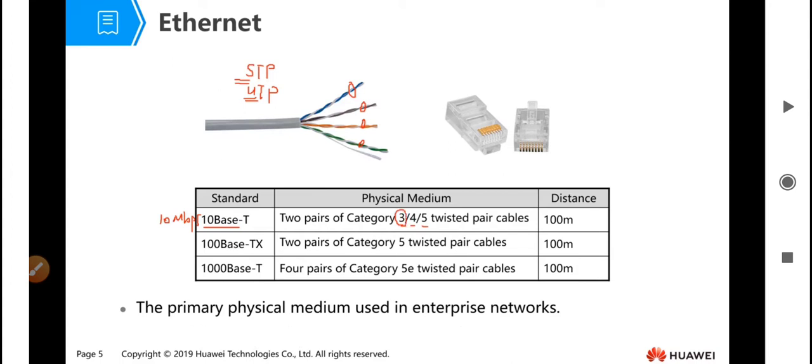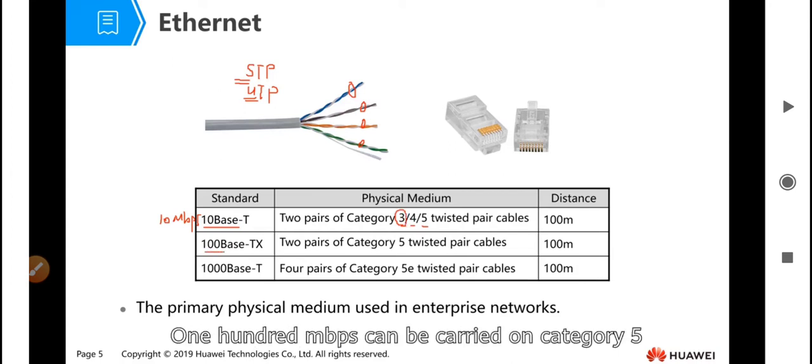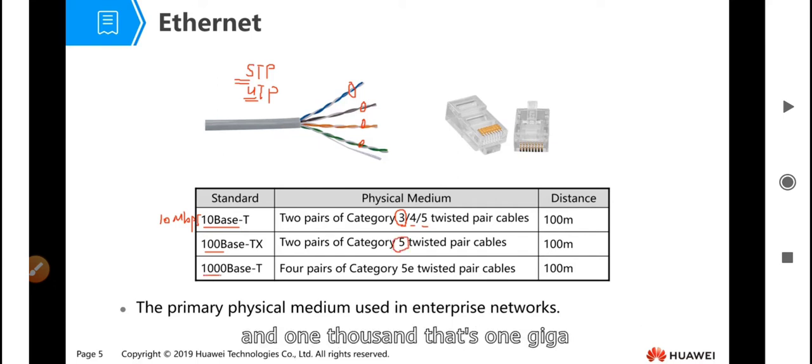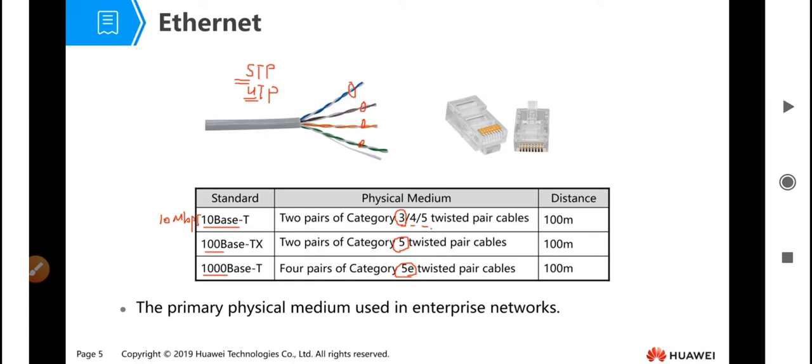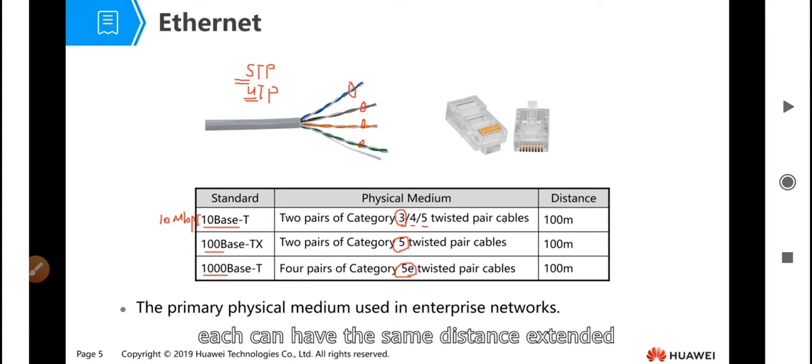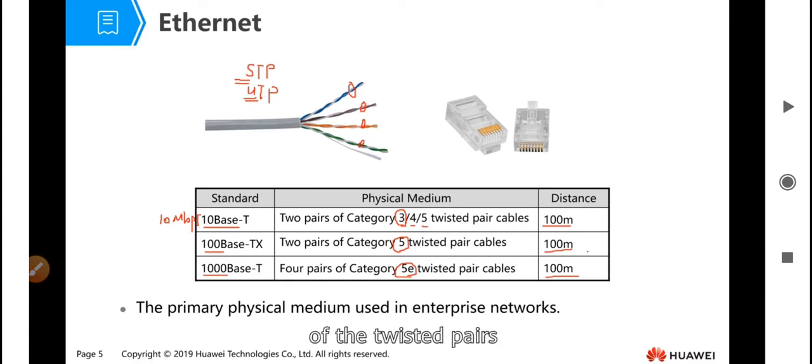And 100 Mbps can be carried on Cat 5. 1000, that's 1 Gbps, can be carried on category 5E. The bigger number means higher quality, and each can extend the same distance: 100 meters of twisted pair.